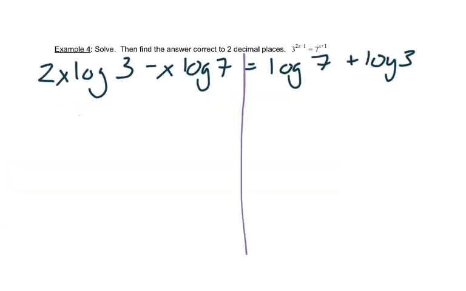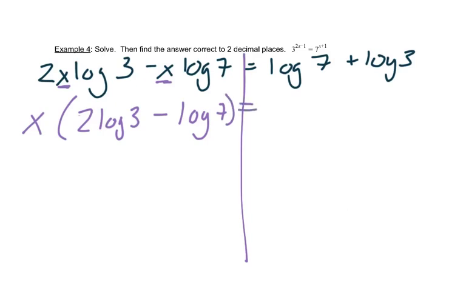Okay. So now we can see that this has an x and this has an x. So we're going to factor that x out. So we have 2 log of 3 minus, and that x will be gone, so it would just be log of 7 equals, this side we're not changing anything with.